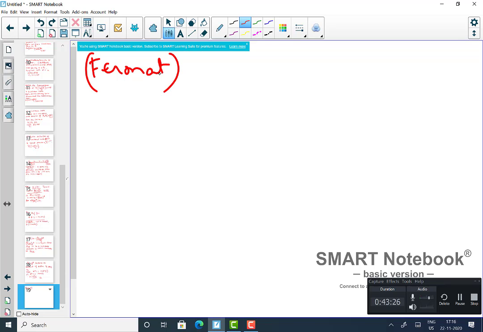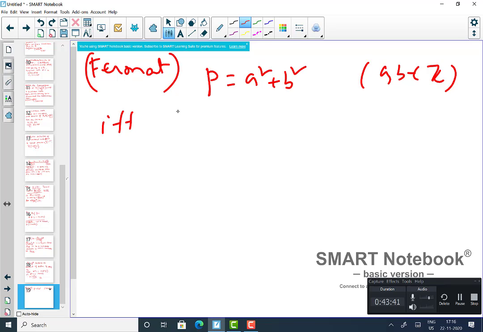So a prime p is of this form, a square plus b square, where a, b are rational integers, if and only if p is congruent to 1 mod 4, or p equals 2.